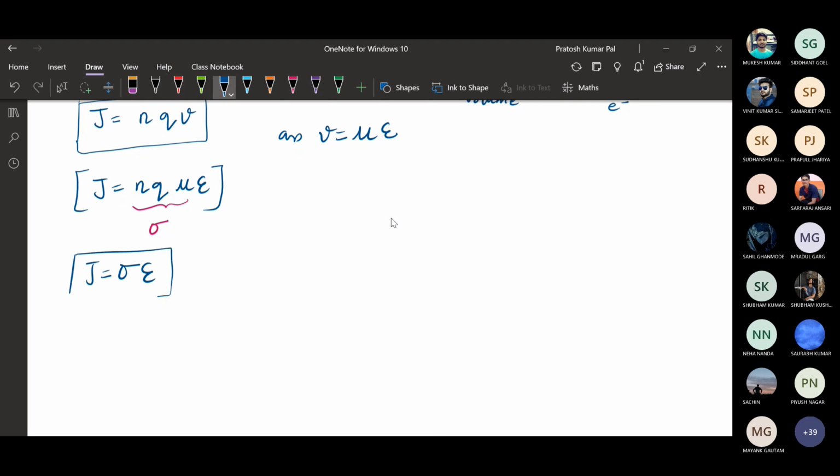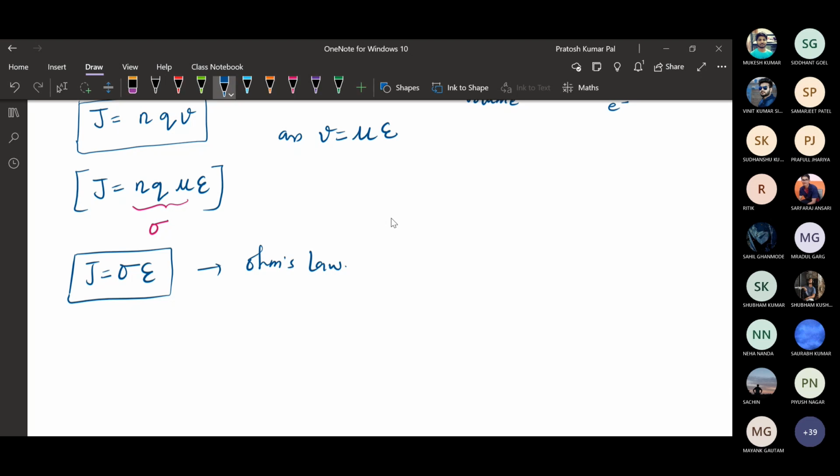So this relation is nothing but it is called Ohm's law in terms of the current conduction with respect to the charge density, current density and electric field. This relation is also called your Ohm's law.